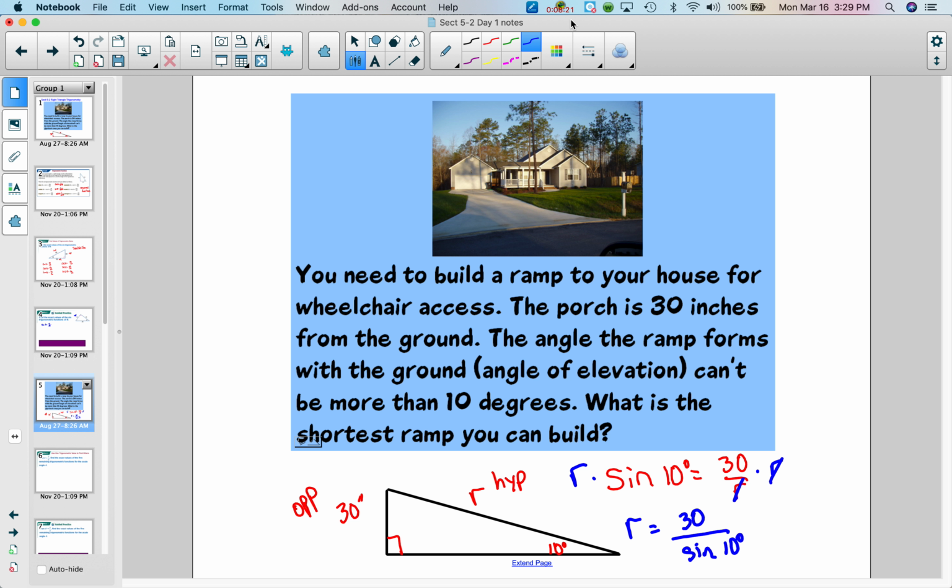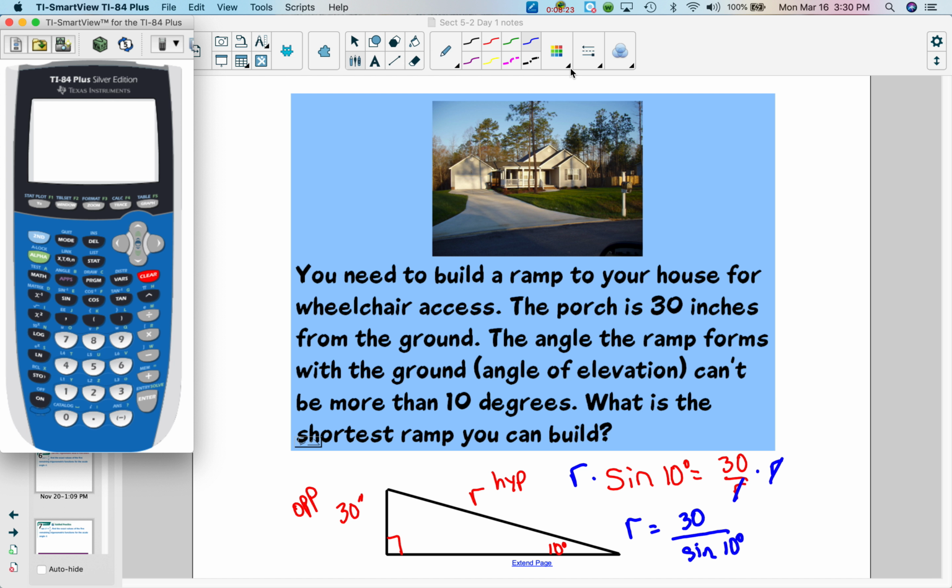So I'll grab my calculator here. One of the things you want to make sure of is that when we use our calculator, right now we're dealing with triangles, so we need to be in degrees. If you hit the mode key on your calculator, you'll notice my calculator is in radians. I want to change that to degrees.